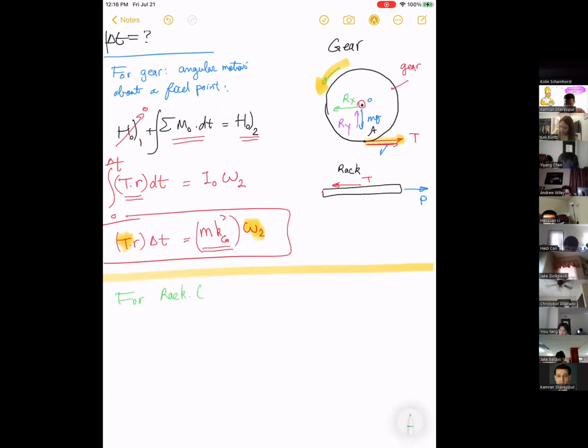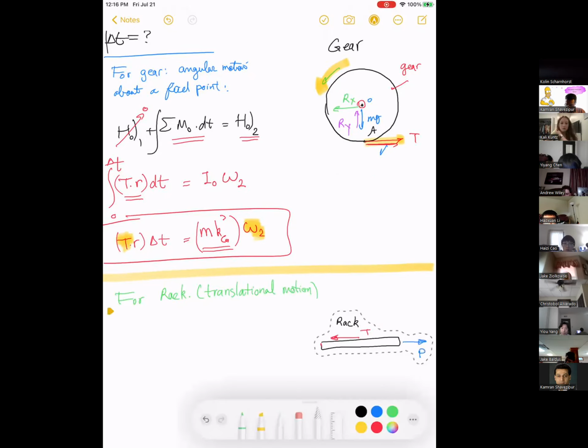The rack has translational motion. And I'm just going to bring it here.